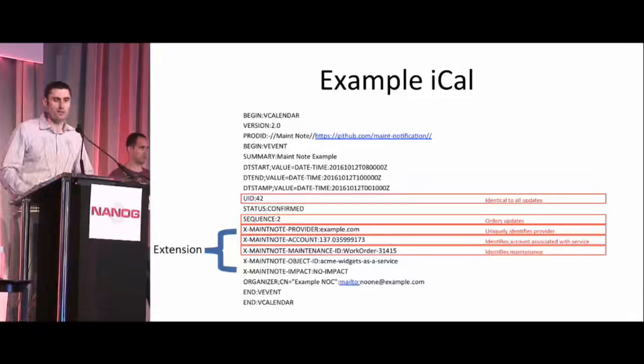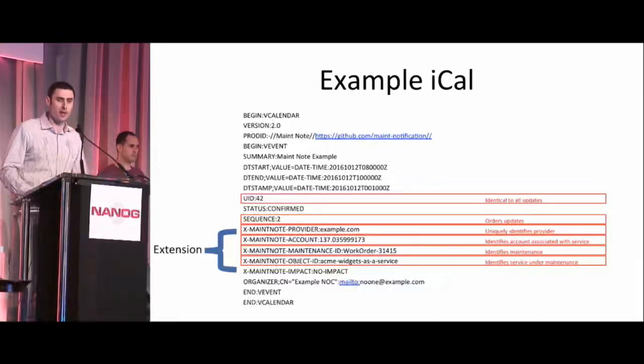Then we have a field to identify the maintenance. If I need to call the NOC for this provider and tell them, here's what I'm talking about, this is the maintenance I'm referring to, the information in this field is what I would use. And then finally we have an object identifier. Now this is very generic. We haven't said exactly what this needs to be. It's a text blob in our standard.